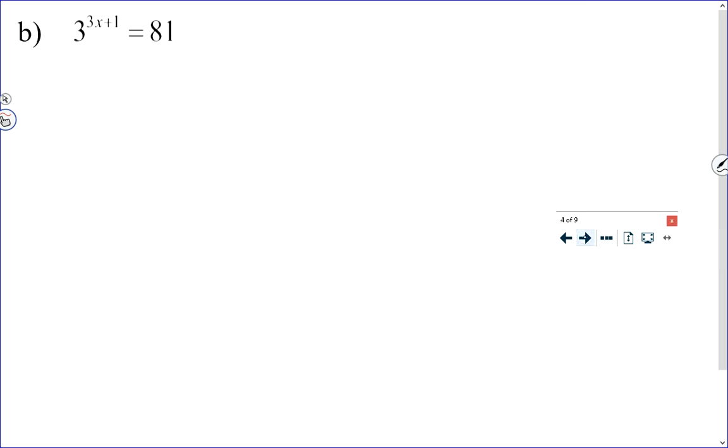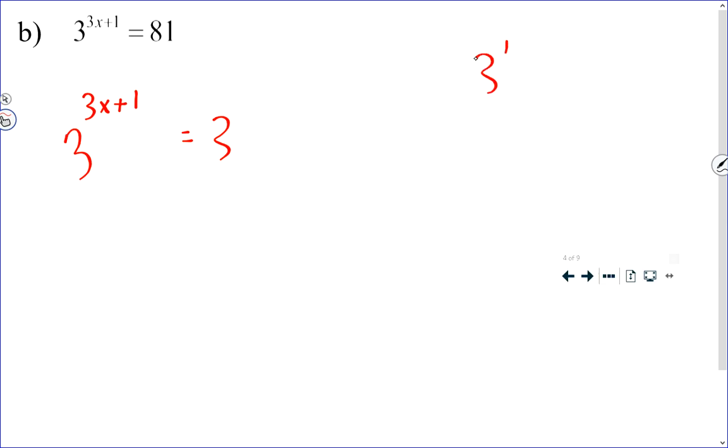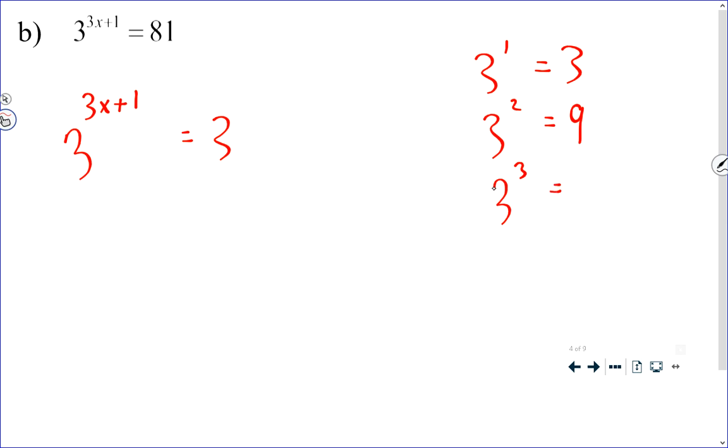Example 2. Well, example 2, the bases are not the same. So now we have to make the bases the same. And it turns out that 81 can be written as a power of 3. 3 raised to the 1 is 3. 3 raised to the 2 is 3 times 3, which is 9. 3 raised to the 3 would be multiplied by 3 again, which would be 27.